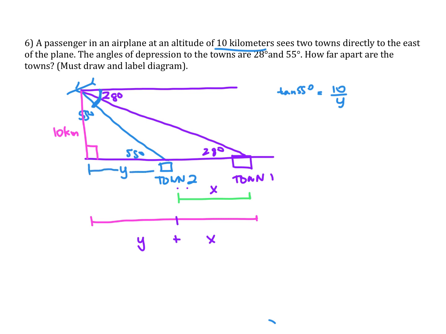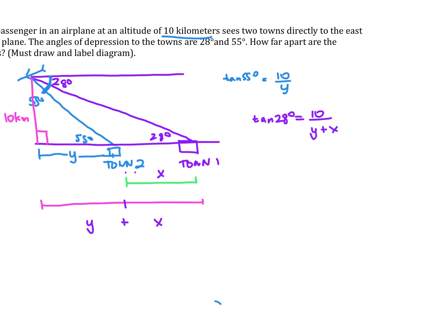This alone is y. Then I'm going to use the smaller angle, tangent of 28 degrees. And that's still going to be 10 over this entire leg, which is y plus x.